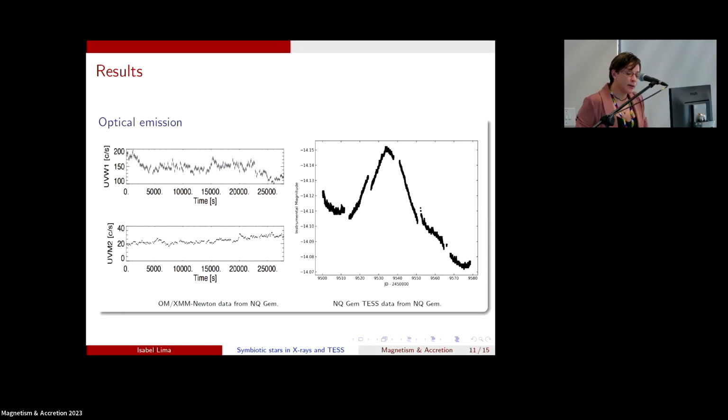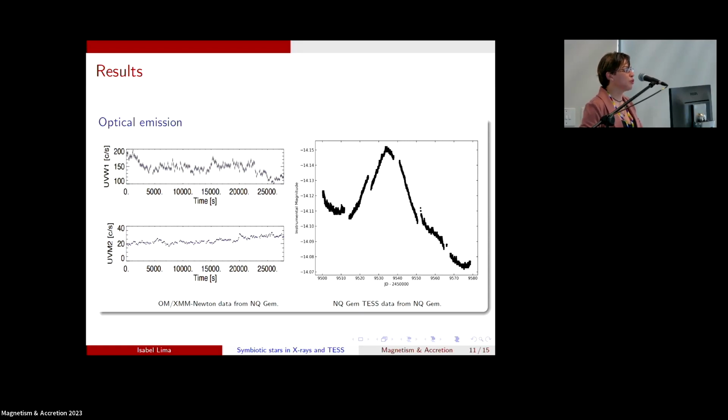Well, in order to look for flickering in the optical emission, we also analyzed the data from the OM on XMM and from TESS as well. So here for NQ Gem, we found flickering with a low amplitude.